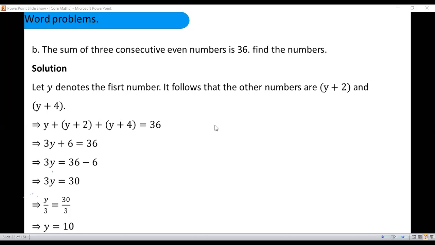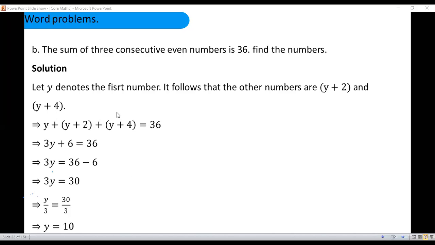So if I have 8 as my even number, to get the next one, we add 2 to the previous one. That is y plus 2. When I add 2 to 8, I'll get 10. So in this case, y plus 2 is the second even number. Then the next one will be y plus 2 plus 2. That will give us y plus 4 as our third even number.